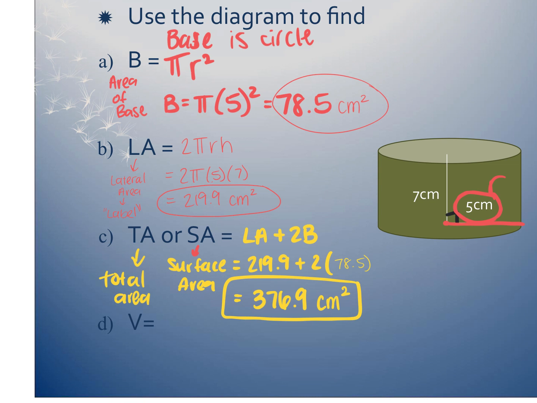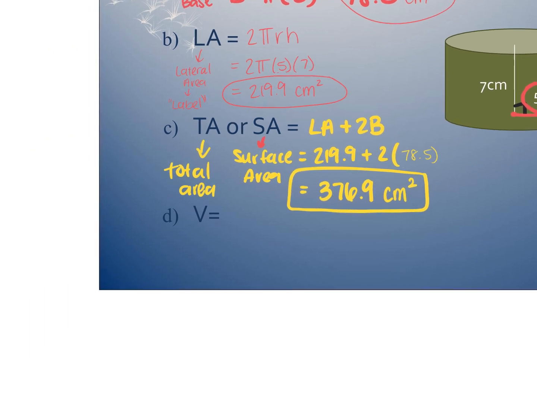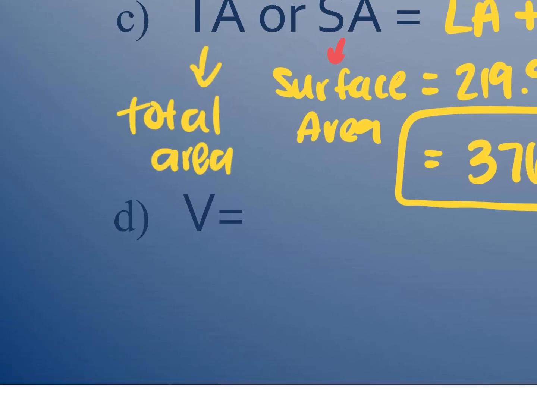To do the width, do we have to add the radius? No. This is a cylinder. So remember, the volume formula for a cylinder is the area of your base times your height. We already said our base was what shape?